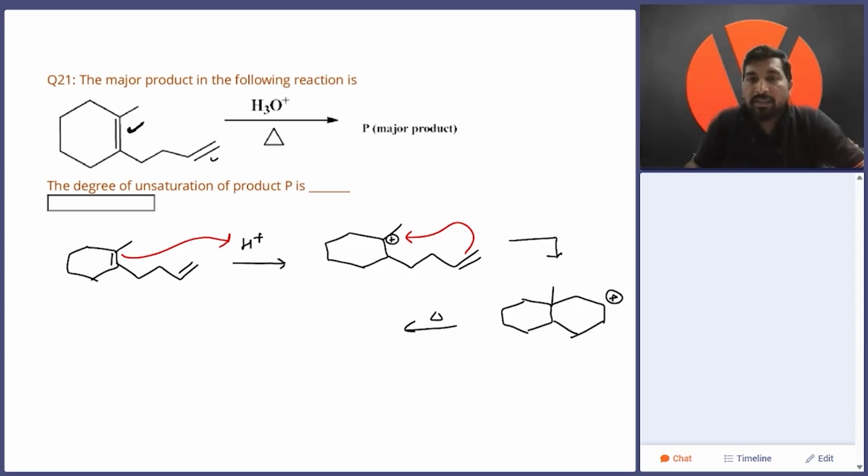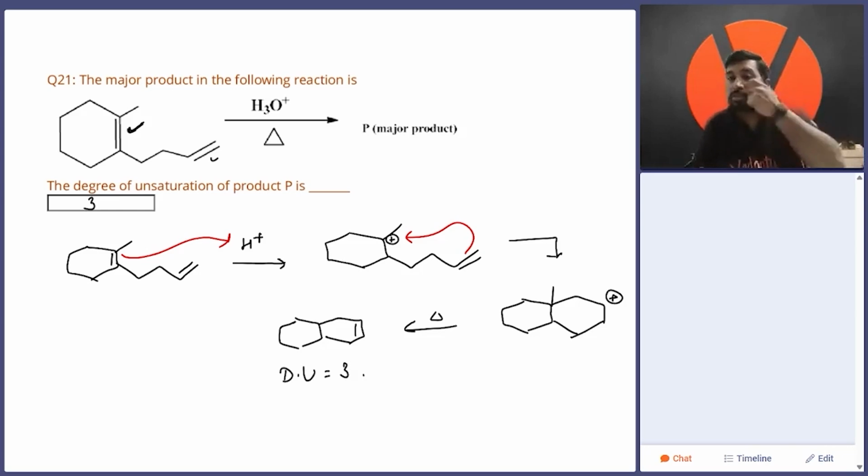On heating, deprotonation will occur and they will form this. In this case, there are 2 rings and 1 unsaturation, meaning 1 double bond. So the degree of unsaturation, DU, is equal to 3. So the right answer is 3 for question number 21.